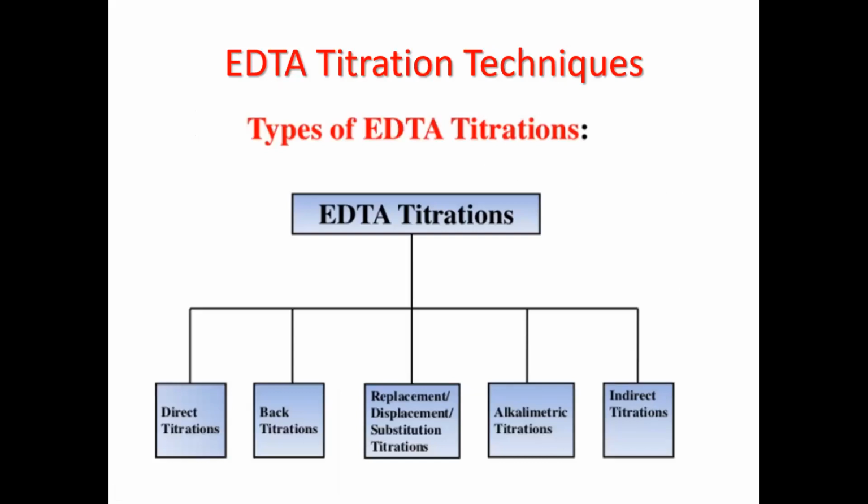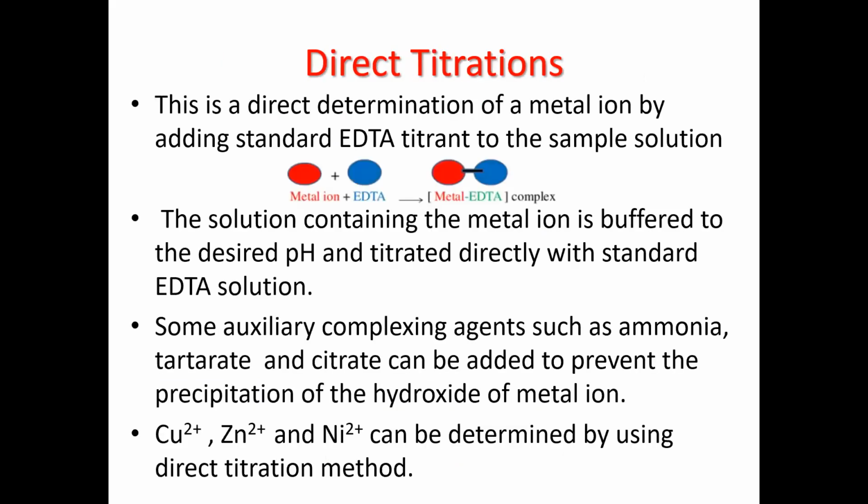So we have different types of EDTA titration techniques. We can have direct titration, back titration, replacement or displacement or substitution titrations, alkalimetric titrations, and indirect titration. So we look at these different types of EDTA titrations one after the other.